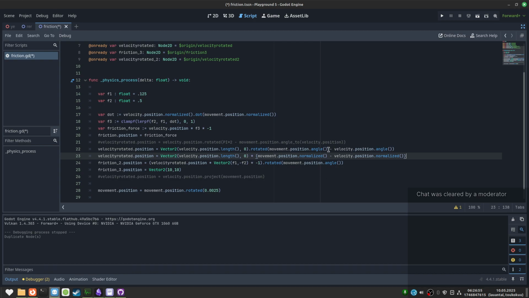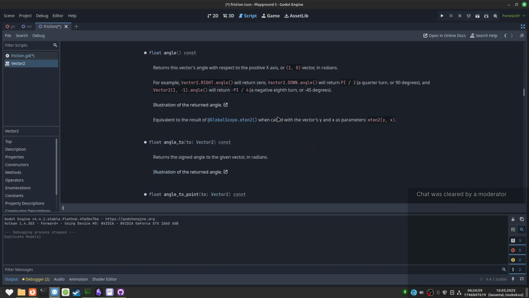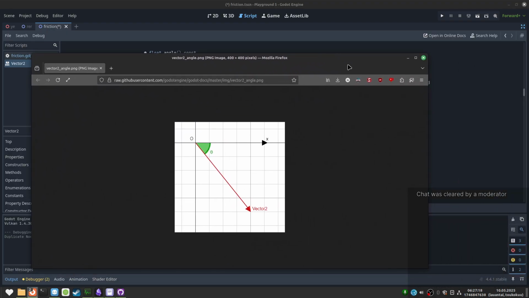I think I can just get the angles, honestly. This is the illustration, by the way.